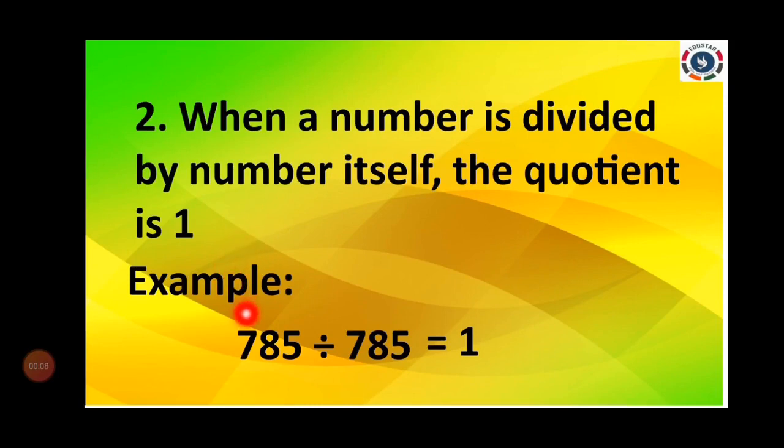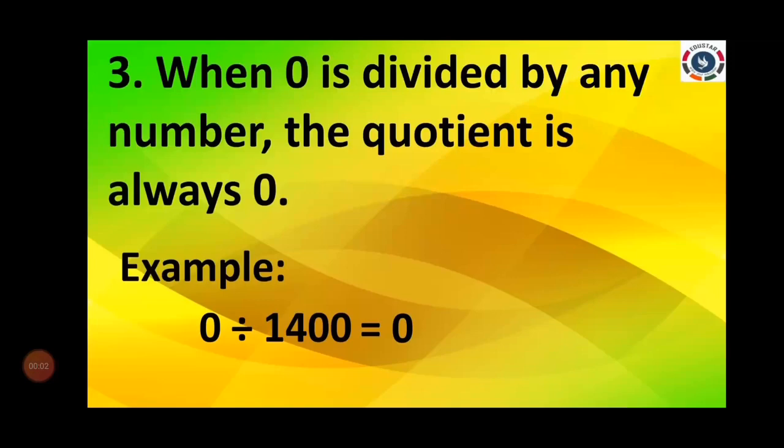For example, 785 divided by 785 is equal to 1. While dividing the same number, you will get the answer 1. Property 3. When 0 is divided by any number, the quotient is always 0. For example, 0 divided by 1400 is equal to 0.